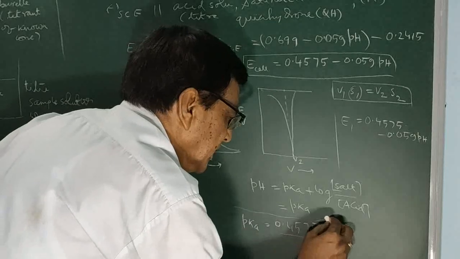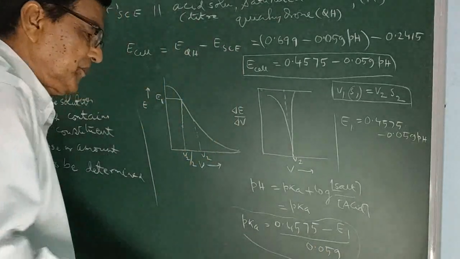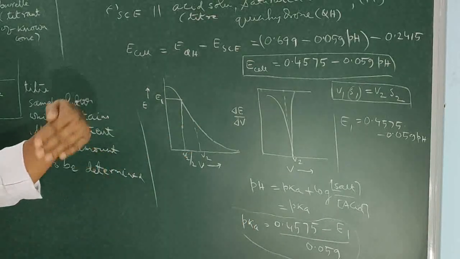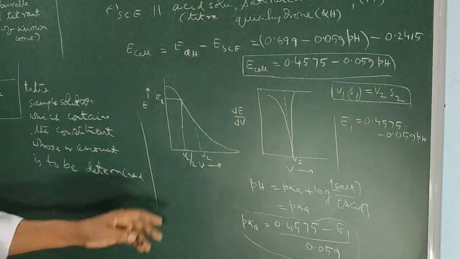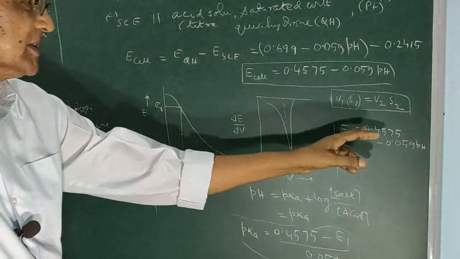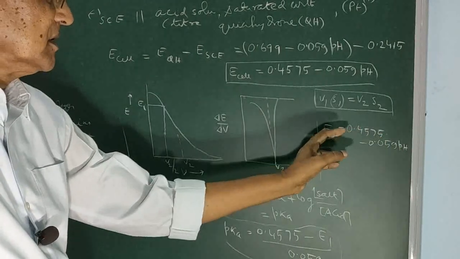This one is the pKa of this weak acid, and the approximate value of this pKa can be determined as a side utility of this potentiometric titration. Here this pH here.